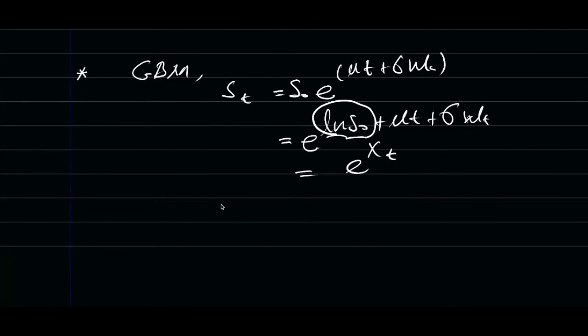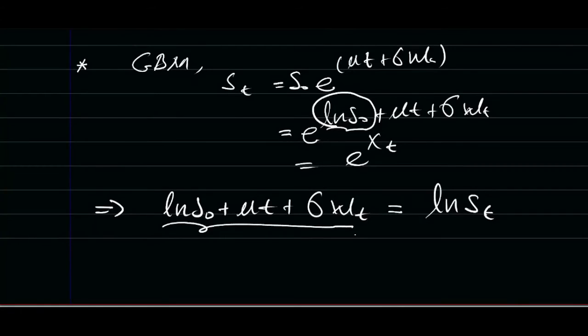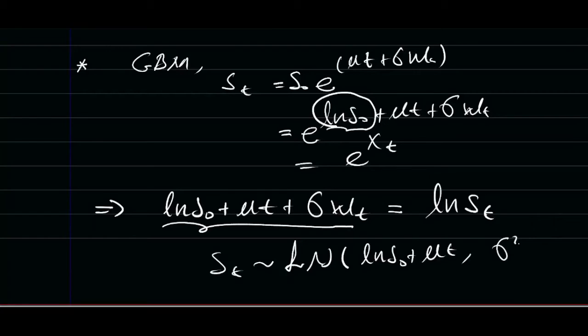Obviously, this is the same as writing logarithm of S naught plus mu times t plus sigma W t is equal to logarithm of S t. Since this one is normally distributed, you can say that S t is log normally distributed with parameters this one and this one.